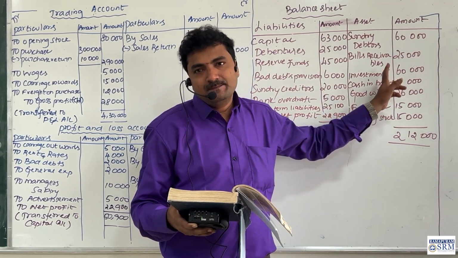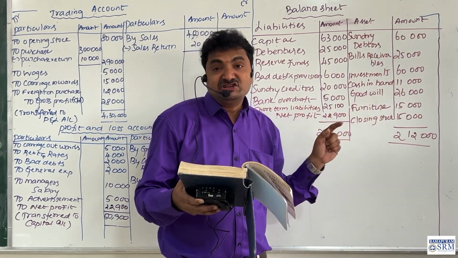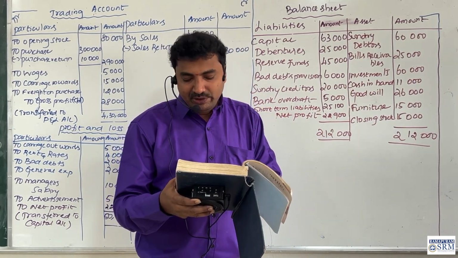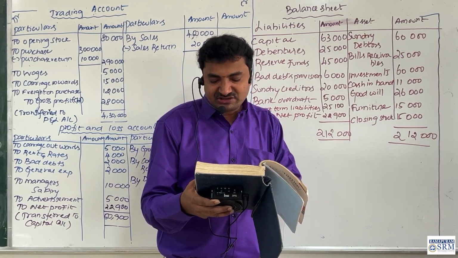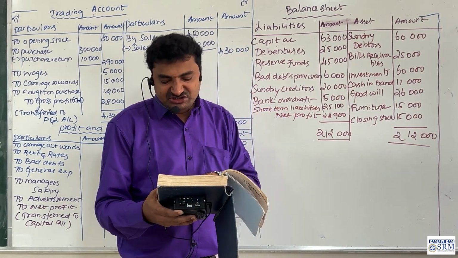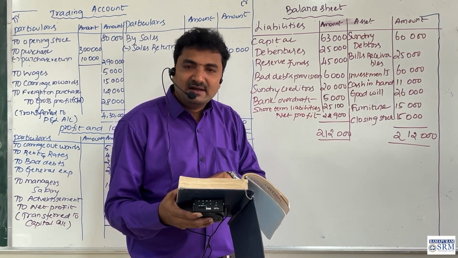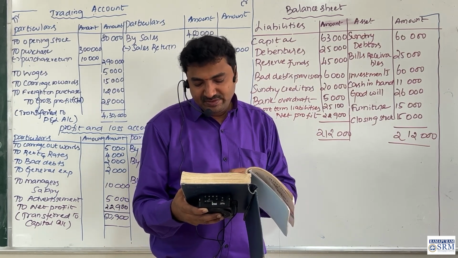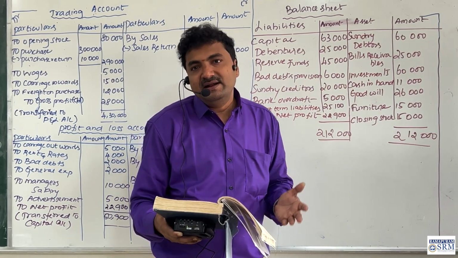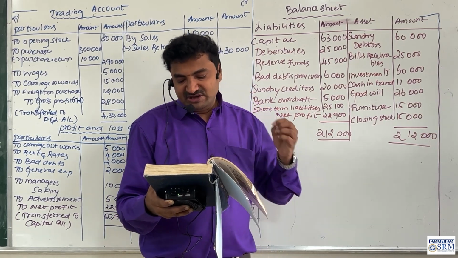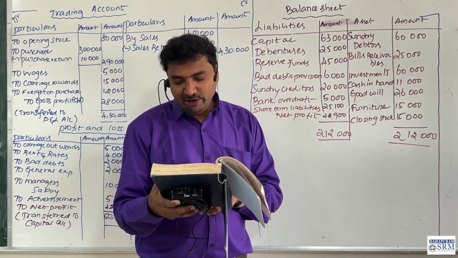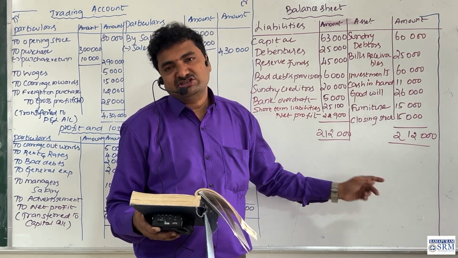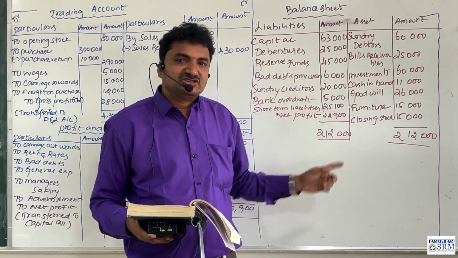Cash in hand, cash at bank, sundry debtors, investment, some marketable securities, bills receivable, prepaid expenses, machinery, building, land, furniture and fittings, motor car, then goodwill, patent, trademark, some preliminary expenses. Finally, you have to add profit and loss account net loss, and closing stock.